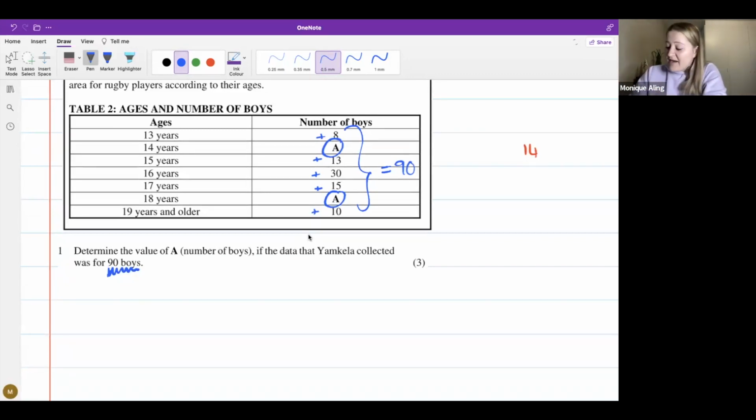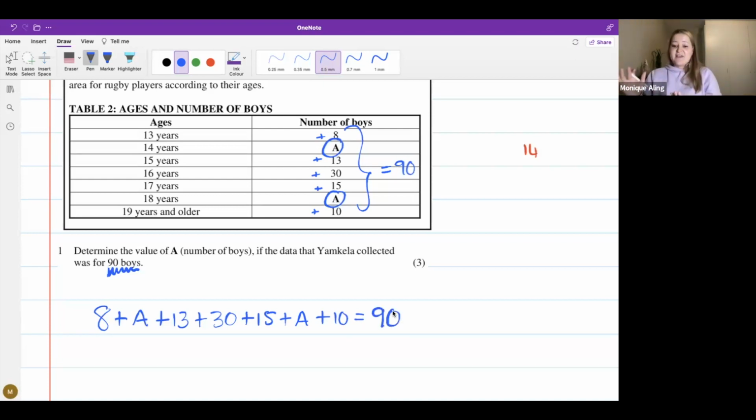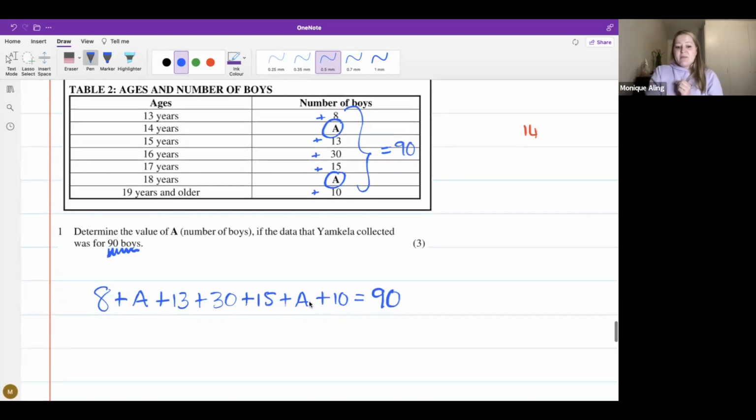So what I did was I added what I've got there and said it equals 90, because if I say 8 plus whatever the A value is plus 13 plus 30 plus 15 plus whatever the A value is plus 10, and I add all of that up, if I know what A is, it's going to give me 90. I know it has to equal 90, but now we have two variables in here, two letter A's.